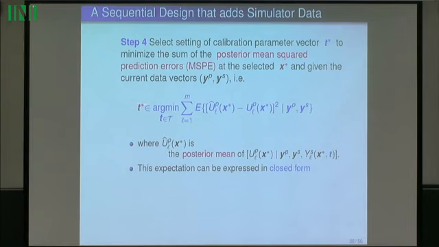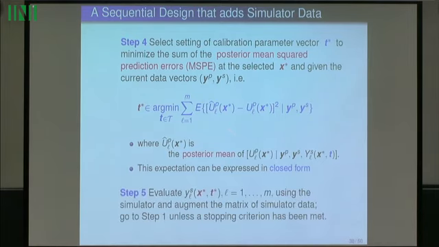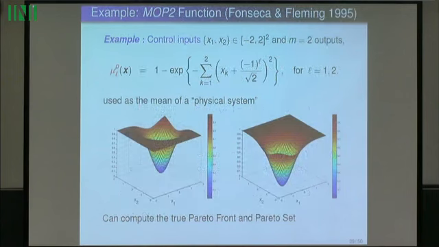And again, we can get this expectation in a closed form. And so once we have our new x, our new t, we can run the simulator, get a new data point, and go back to step 1, refit the models, redo the predictions again, get the new Pareto front and the new Pareto set.